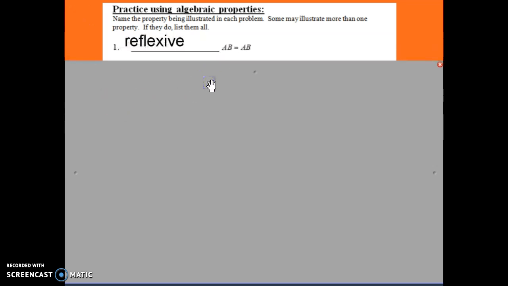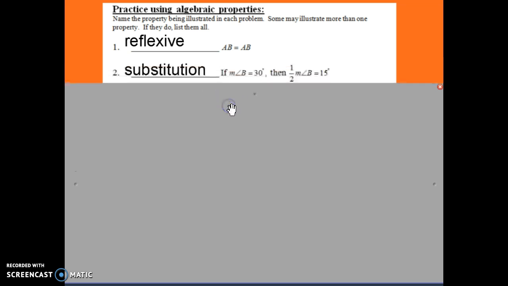This first example, AB equals AB, when it's the exact same thing that you're saying is equal to itself, that's reflexive. If the measure of angle B is 30, then half the measure of angle B is 15. So we replaced angle B with 30. We substituted this 30 into this angle B because we know that that's equal to it, to get 15.